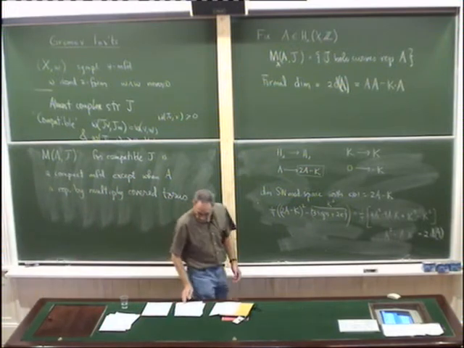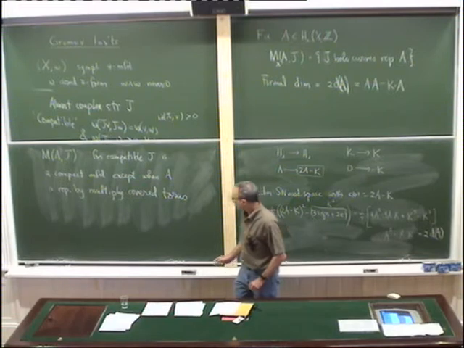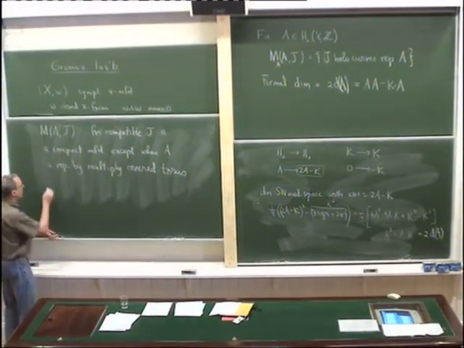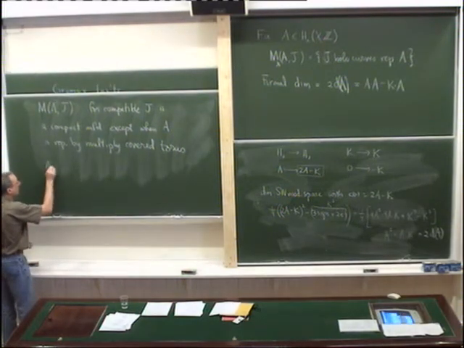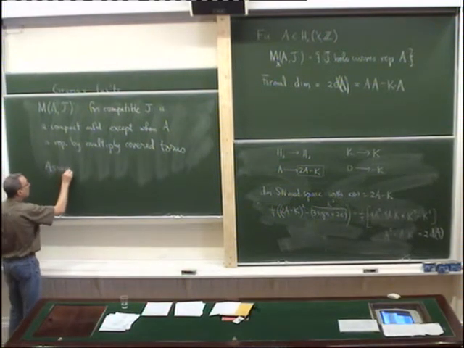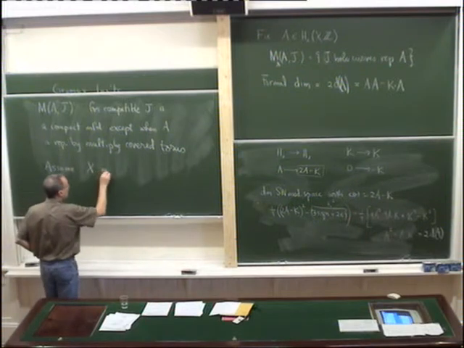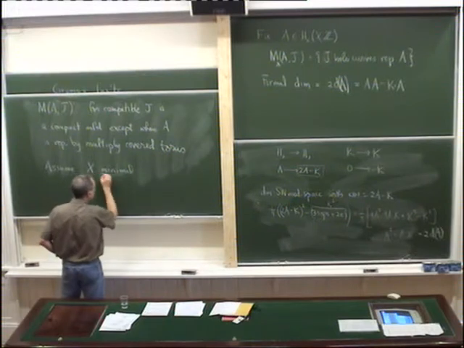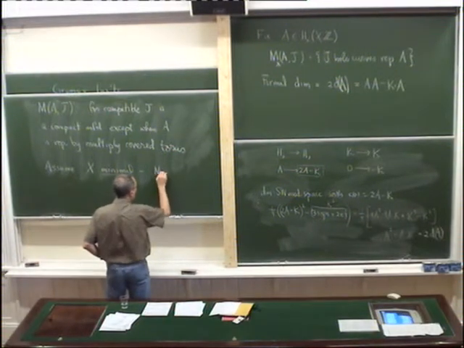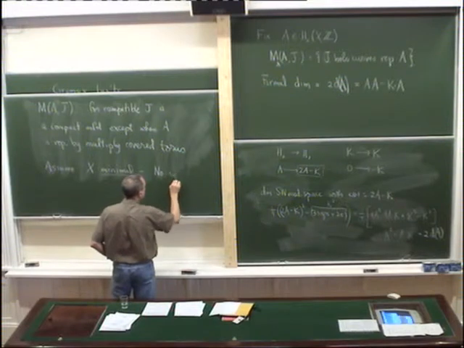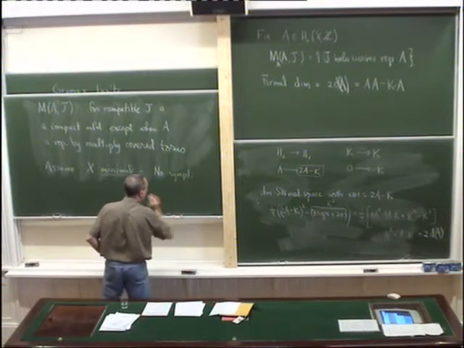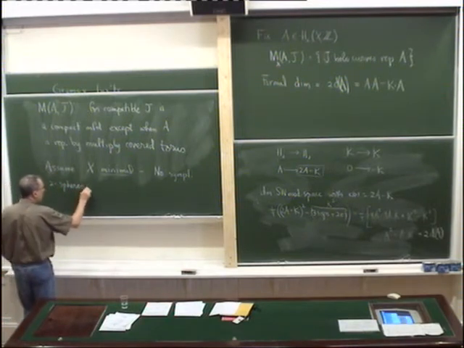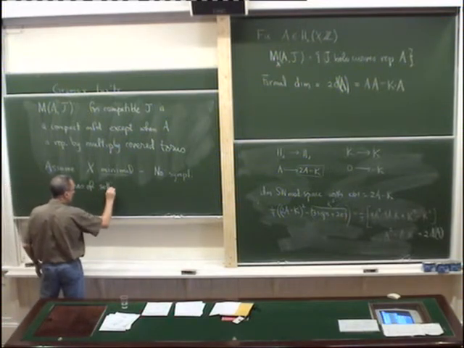So now, to make my life simple, let's assume that X is a minimal symplectic manifold. So this means no symplectic two spheres of self-intersection minus 1.